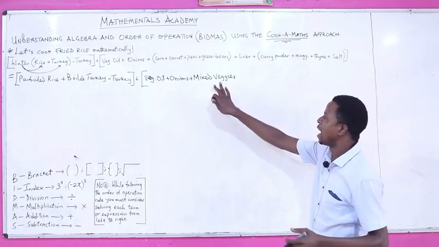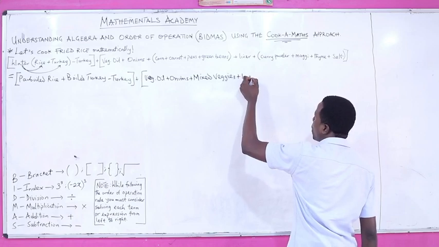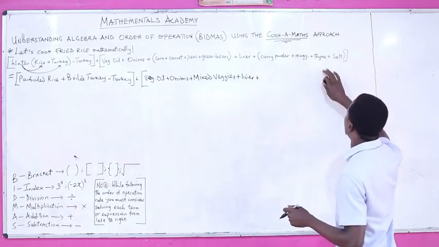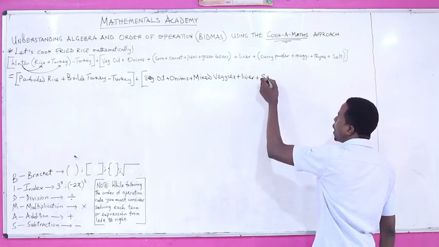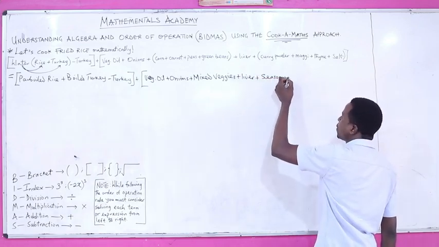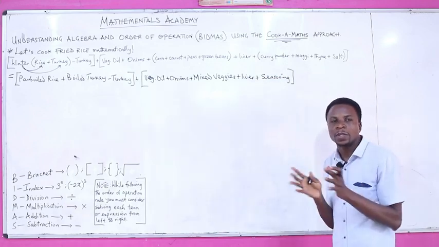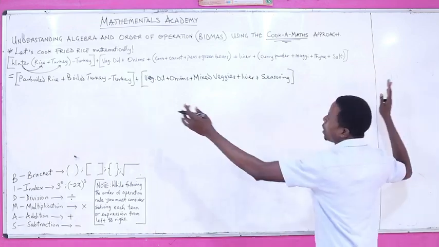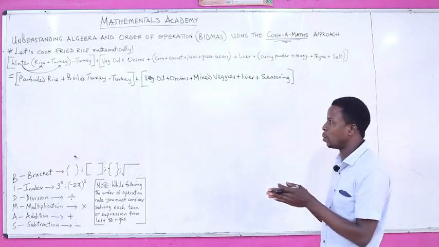So when I add it together, I have my mixed veggies. Then I have my liver here, still lying there, probably diced, right? Then I have my curry powder, Maggi, thyme, and salt. When I add them together, remember they are all like terms, and they fall under seasoning. I close my bracket. So we have started solving. We started simplifying it, right? So it was wider. Now it's becoming smaller till we arrive at everything that we want to get.